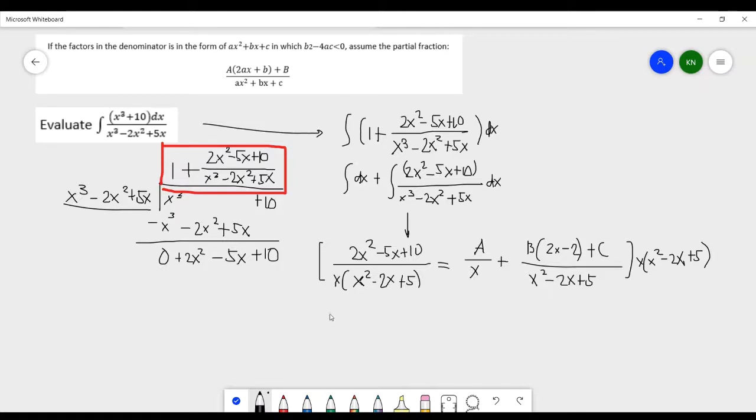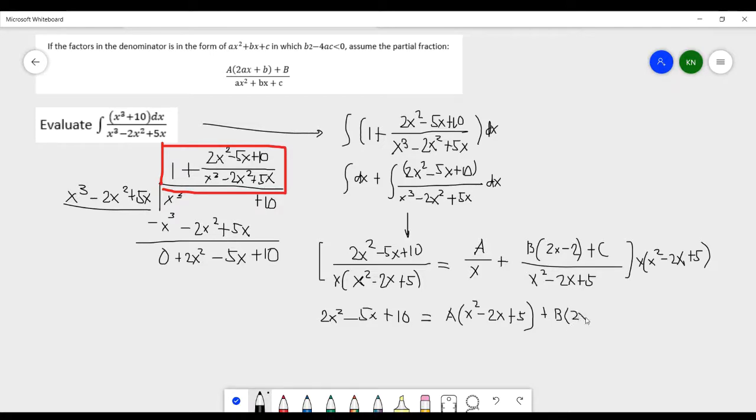So what remains here is 2x squared minus 5x plus 10, which is equivalent to a times x squared minus 2x plus 5, plus our b, which is multiplied by 2x minus 2.